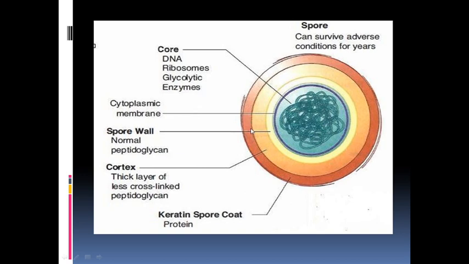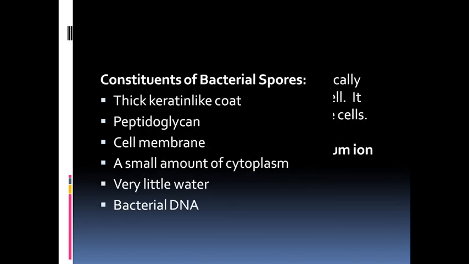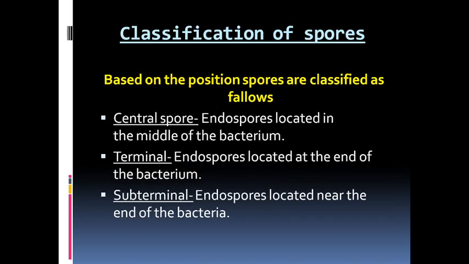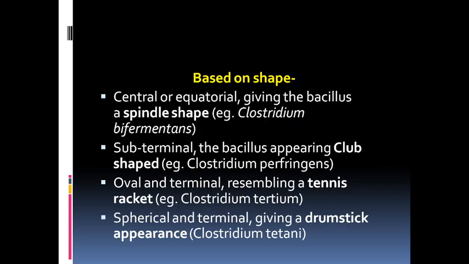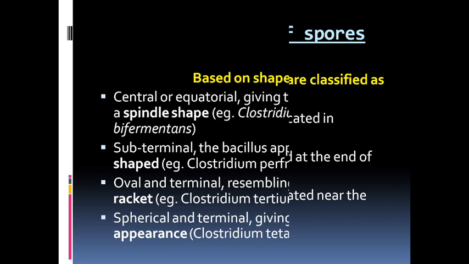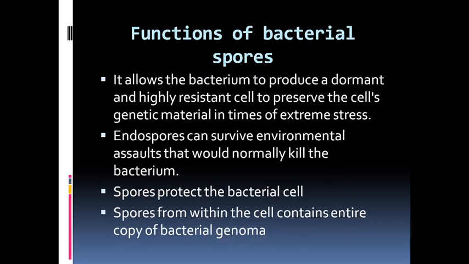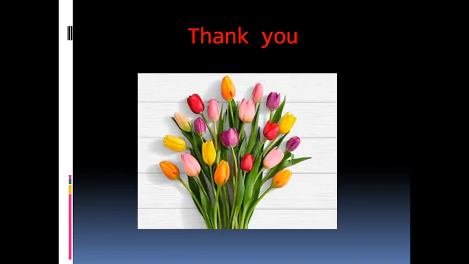Surrounding the spore wall, the cortex is present. The cortex layer is the thickest layer, formed by cross-linked peptidoglycan, and the outermost layer of the endospore is the keratin spore coat, made up of the protein keratin. And you can write the constituents of the bacterial spore, the classification of spores based upon position and shape, and next the functions of the bacterial spore. By this, the bacterial spore topic will be completed.